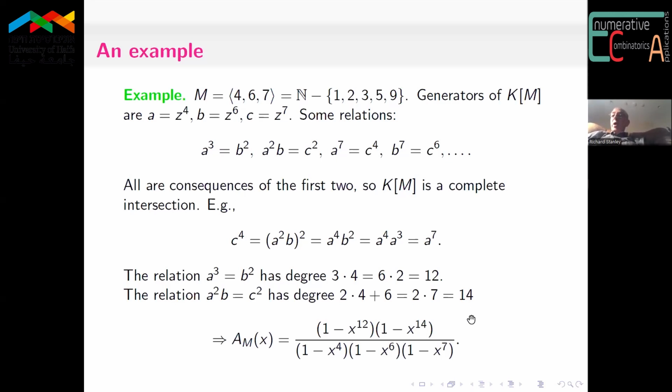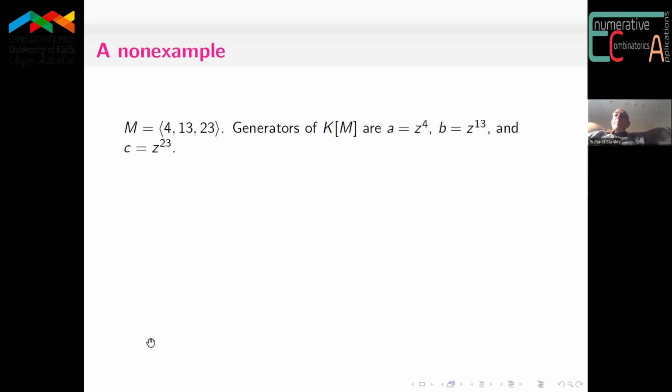So we do have a cyclotomic set, 1, 2, 3, 5, 9. That was because we had a complete intersection.